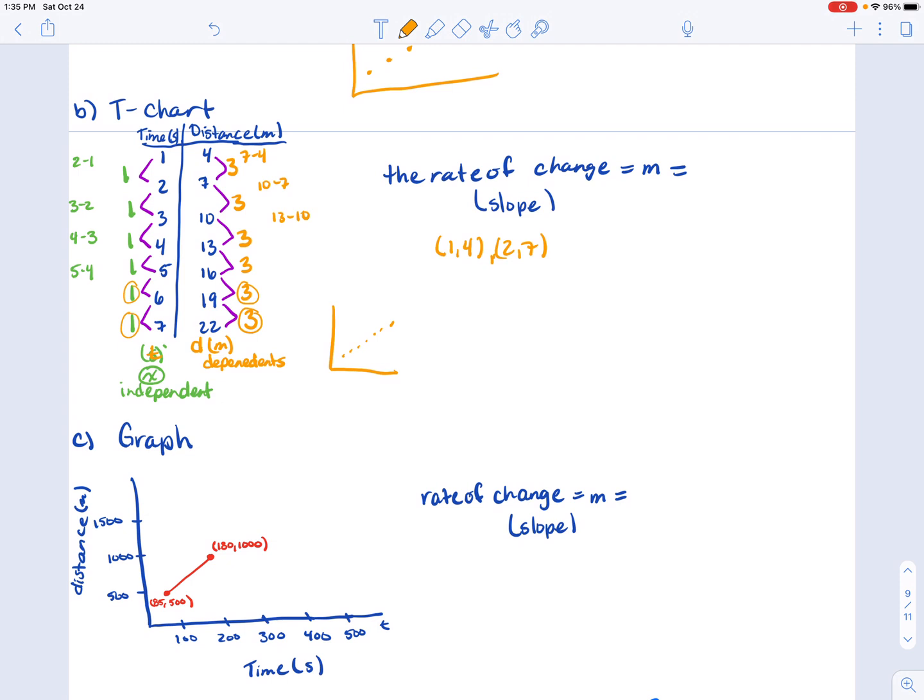So again, I'm looking at my change in distance divided by my change in time. So I'm picking, here's my distance points, so I have 7 minus 4, and my time points, 2 minus 1. So that equals 3 over 1, which is equal to 3.